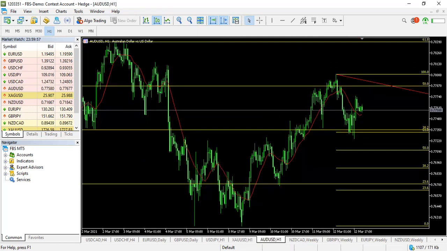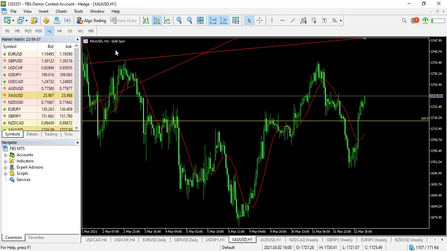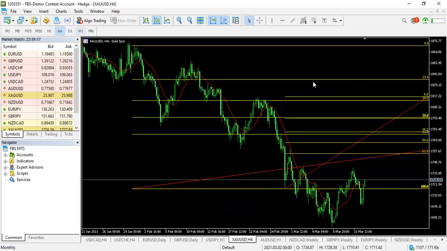And the next one would be the Australian dollar USD. Also here, nothing is really happening at the moment. But because this is a commodity pair, we'll likely see it continue going up like the gold. And I forgot to mention the gold's pivot point for this week is 1776. So it's somewhere here, 1776.